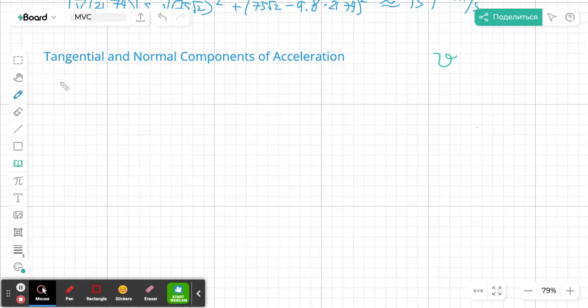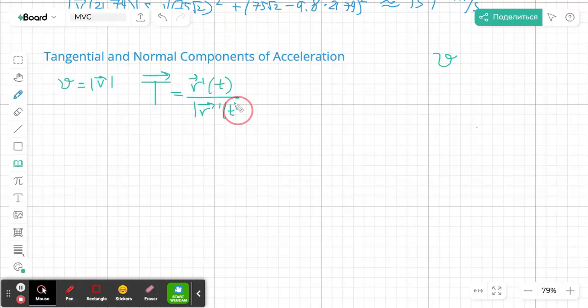So if we have upsilon equals magnitude of v, then we know that, remember from last time, our unit vector T is r prime of t over the magnitude of r prime of t, which is the same thing as v of t over magnitude of v of t.